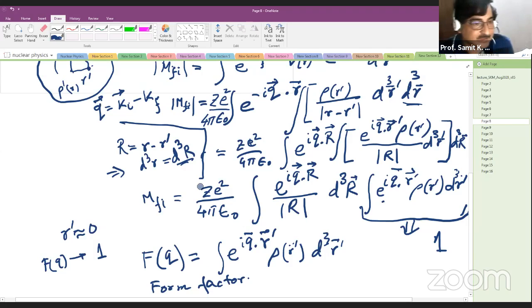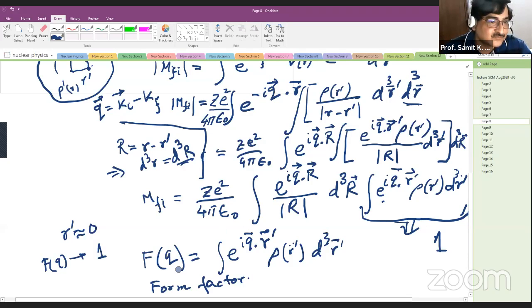If you don't have a point-like object or a spherically symmetric shape, and you have a finite radius, then this quantity is important. If you know this quantity, you can also talk about the nuclear distribution, or the charge distribution inside the nucleus. That's why this quantity is very important.